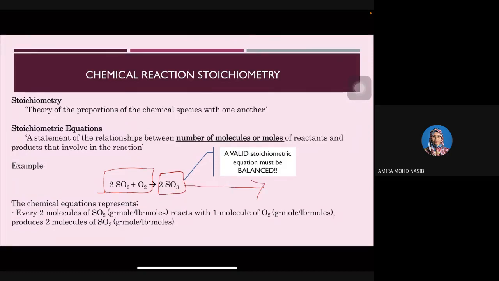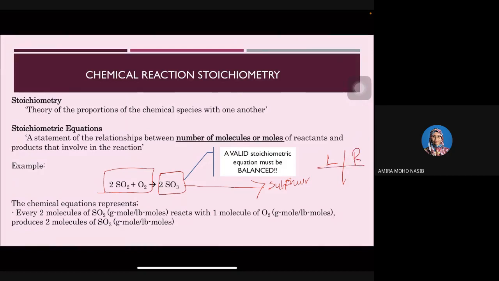You must ensure that your chemical equation has a balanced stoichiometric equation, such as for the sulfur, for the left hand side and right hand side.